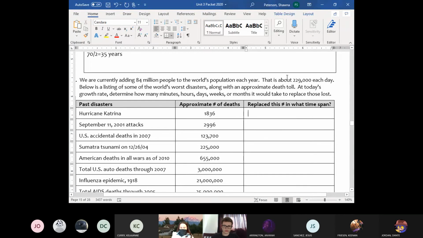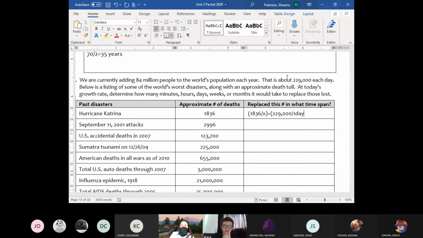Let's see. How do I want to explain this? This goes back to doing the ratios or the proportions. Okay, so I'm going to put the equal sign in here again. Oh, so what do we put for x?